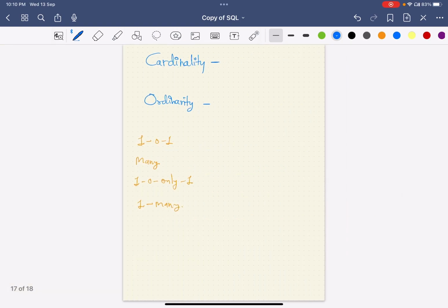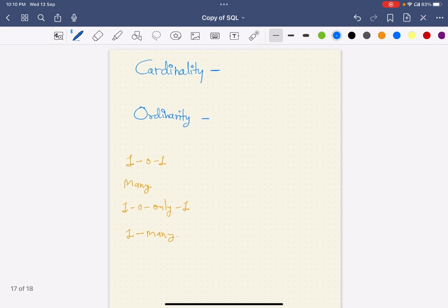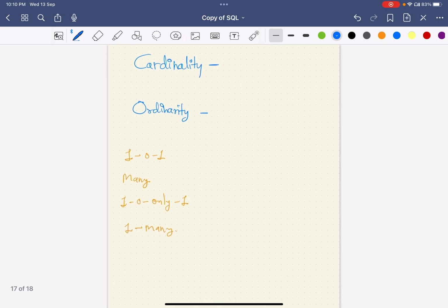And yeah, now let's move to cardinality. So we have to understand, okay, we have relational databases. Relational databases have tables, and between these tables we have relationships, and these relationships have different cardinality. We have cardinality, we have ordinality also.